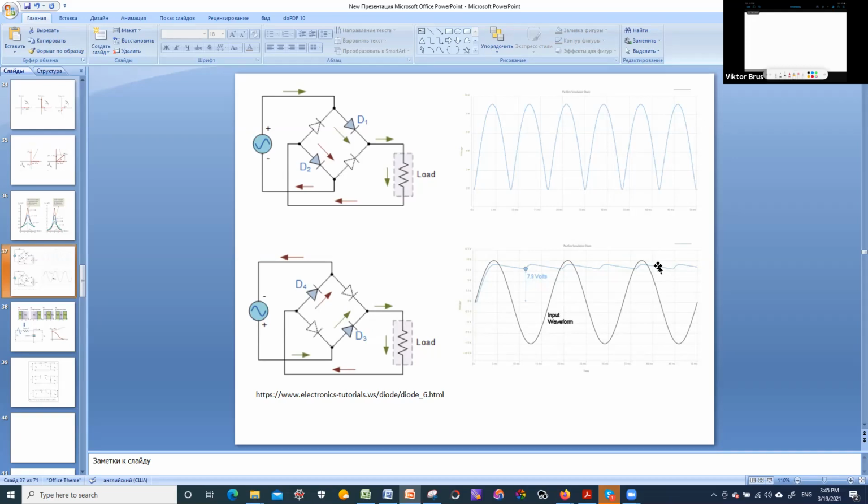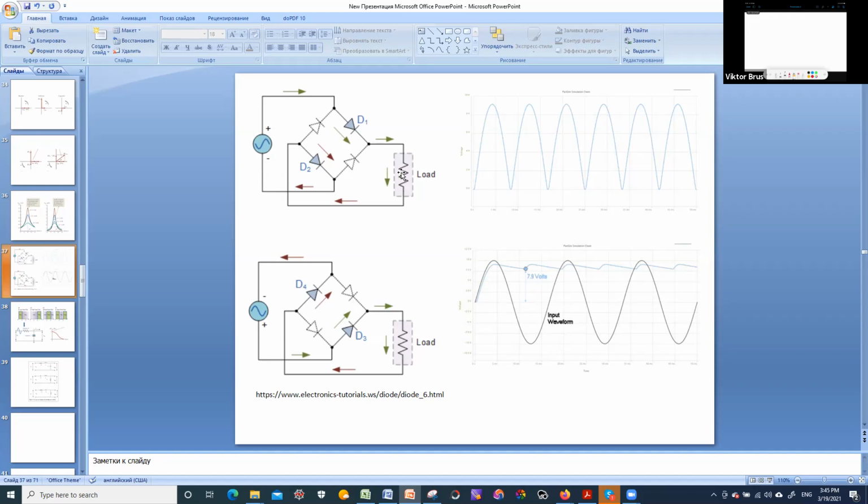So it will be just so-called half-period rectification, which means we will lose power. It will be so-called pulsed DC, but we want to have it smooth.